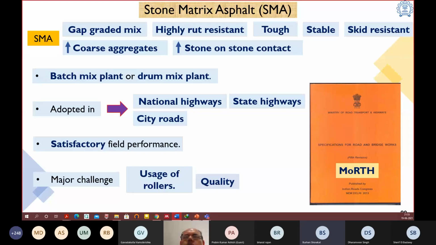Major challenges can be with regard to the usage of the rollers, since roller operators are typically familiar with rolling bituminous concrete surfaces, and therefore they may find it difficult to understand the meaning of first pass as vibratory. Therefore, a strict check on the operator has to be maintained. Also, the stringent quality requirement may be a concern as far as stone matrix asphalt is concerned.